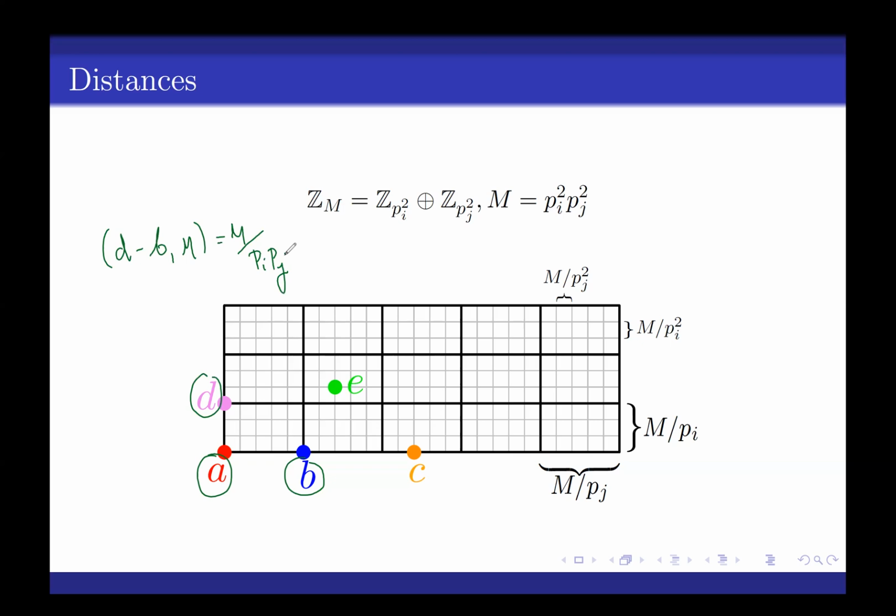And the distance from A, B, and D to point E is M over pi squared pj squared, or alternatively, you can just write 1. Is this clear? I'm going to use that repeatedly, so if there are any questions or something is not clear, please just stop and ask.